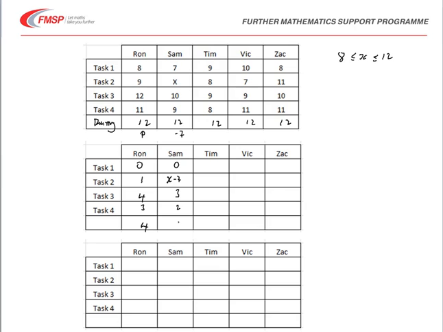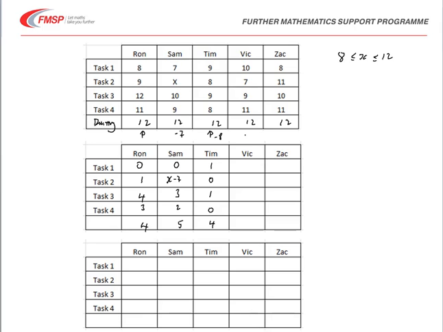3, 2 and 5. Continuing in the same sort of way, in column 3, Tim's column, we can subtract here the smallest value being 8. So that becomes 1, 0, 1, 0, 4.